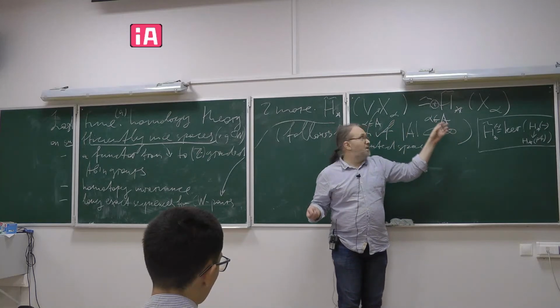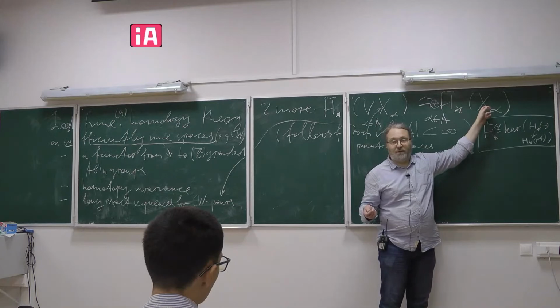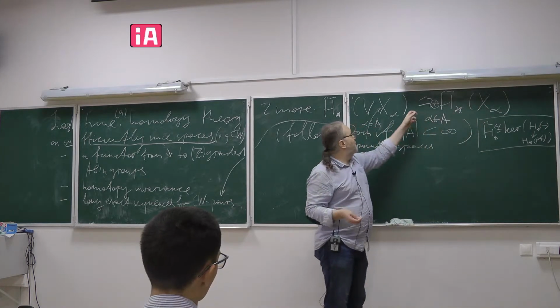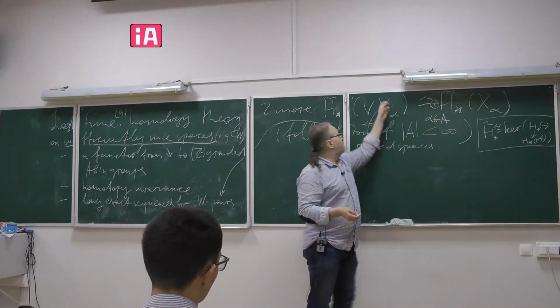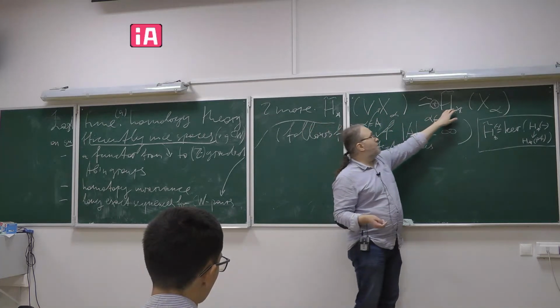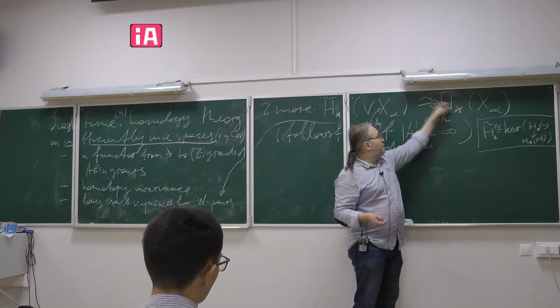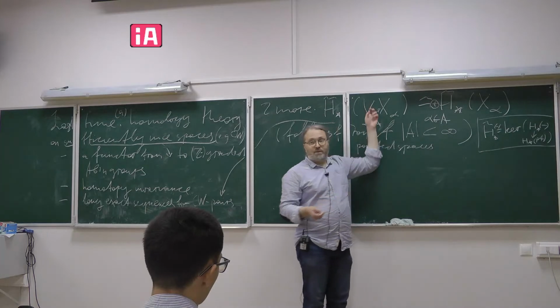Yes, there is. Each individual X alpha maps to the wedge. So we get a map from the homology of each X alpha to the homology of the wedge.